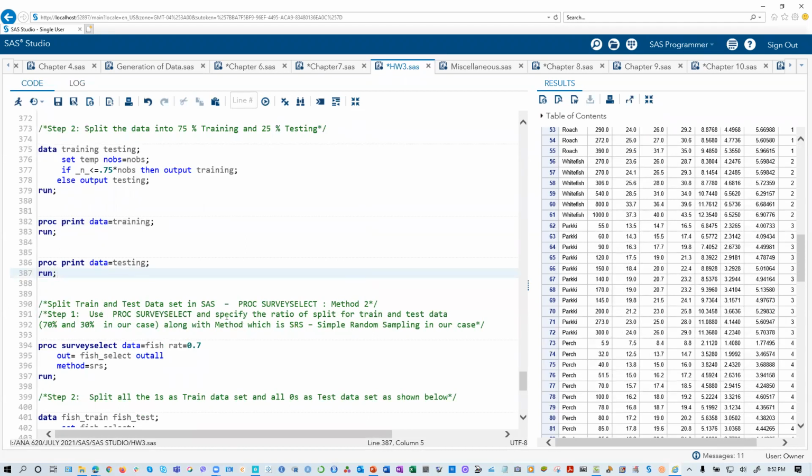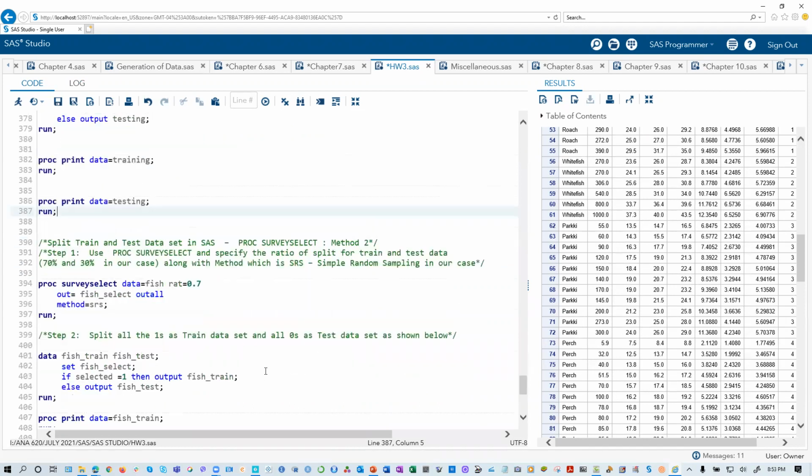Step 1, use PROC SURVEYSELECT and specify the ratio of the split for train and test data, 70% and 30% in our case, along with the method SRS, which stands for simple random sample. See, it's a ratio of 0.7. That means we mention here how much goes to the train set. We get the data, output it as fish_select, and the method is the simple random sample method.